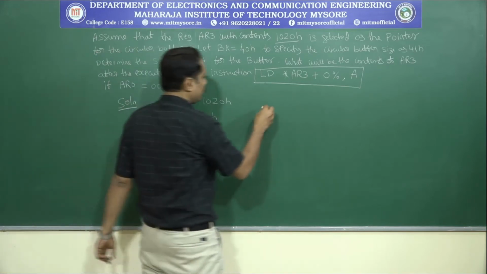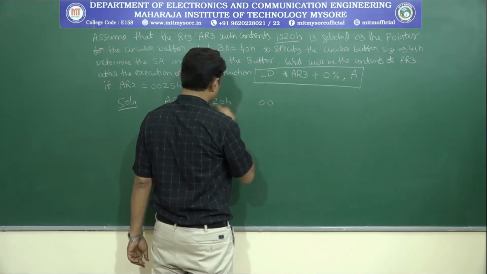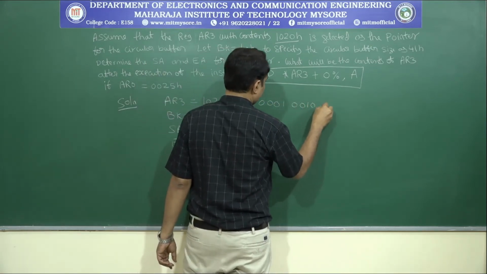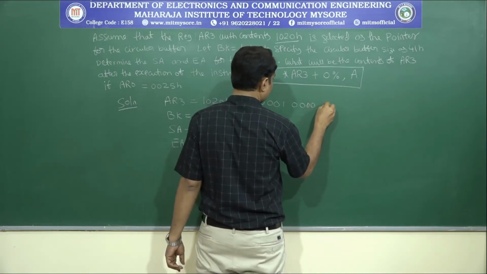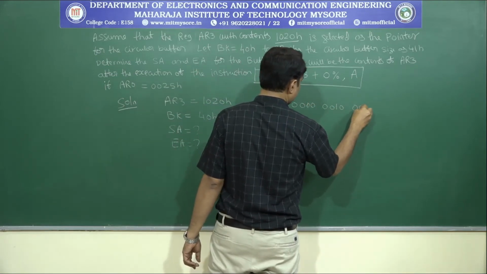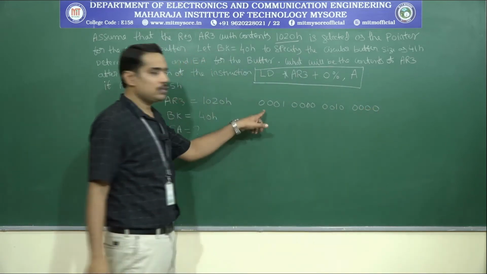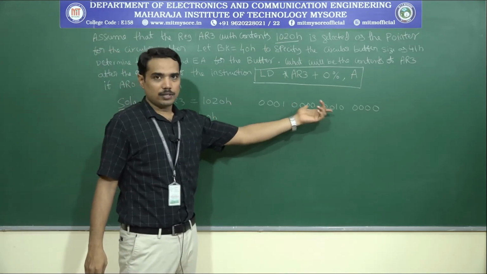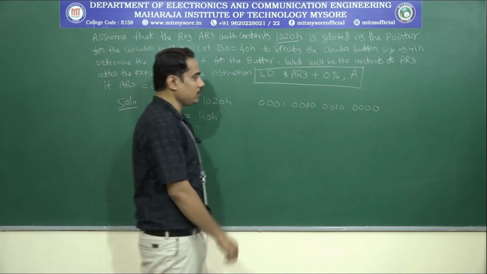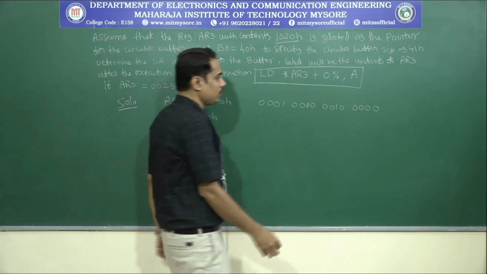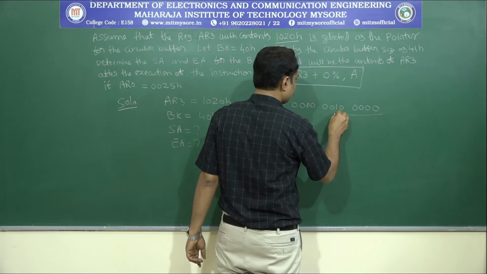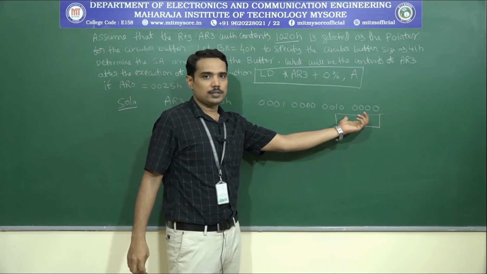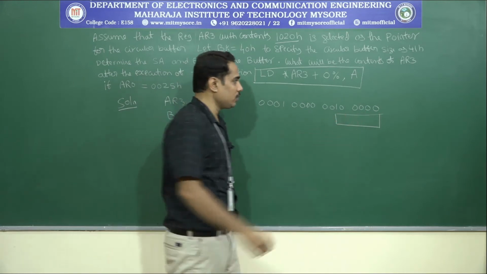If that is the case, I will write the value of 1020H in binary first. This is the value of 1020H in binary. Now, in this binary value, we need to make 6 LSBs 0. Six LSBs will be filled by 0.